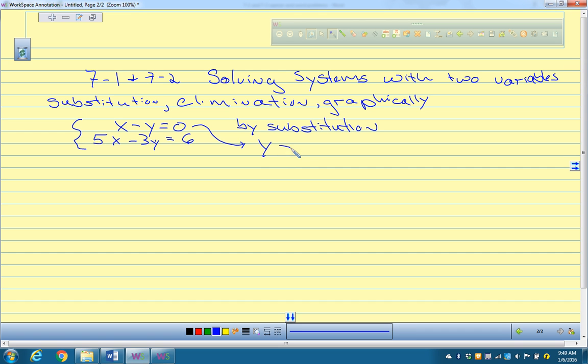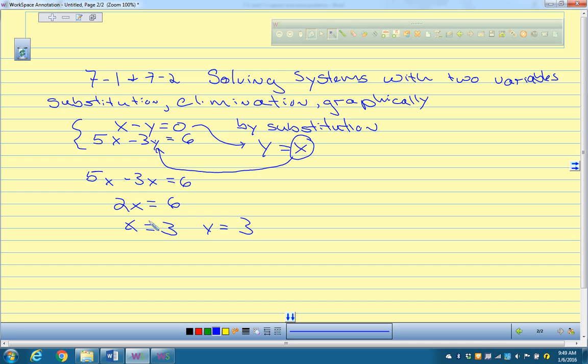Y equals x, right? If I brought the y onto the other side by adding y to both sides, I have y equals x. Then I could take x and sub it in here for y. So if y equals x, then I can plug in x over there, and then I get 5x minus 3x equals 6, 2x equals 6, x equals 3, and y equals 3, right?